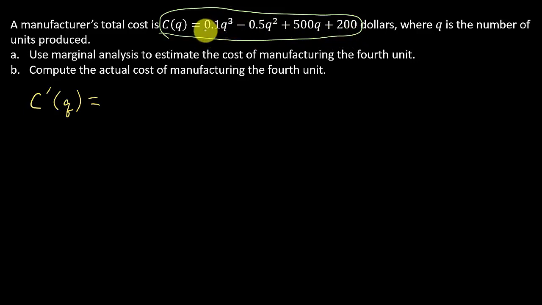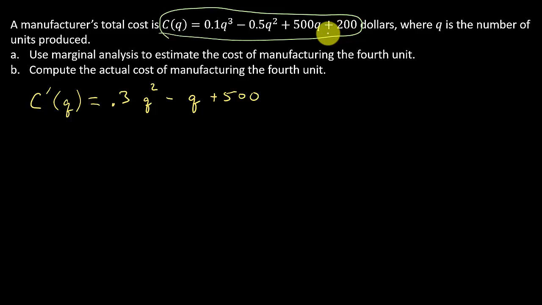So remember, the 3 comes down, so 3 times 0.1, that's 0.3, times Q squared, and then you subtract 1 from the exponent, minus 2 times 0.5 is 1, so that's 1 times Q, and then the derivative of 500Q is just 500. And then the derivative of 200 is 0.